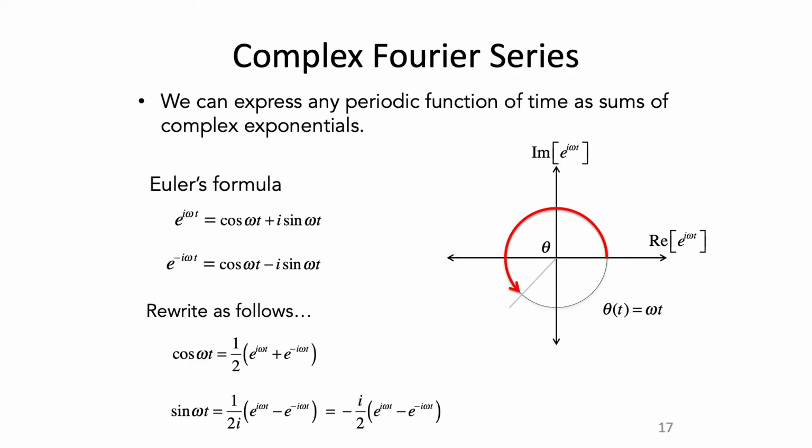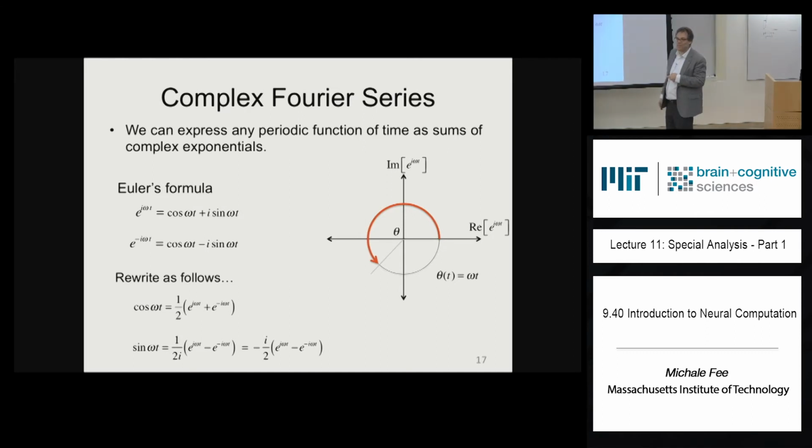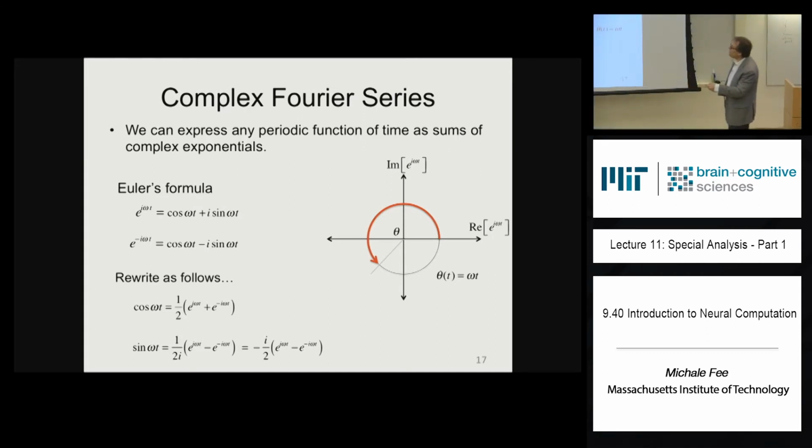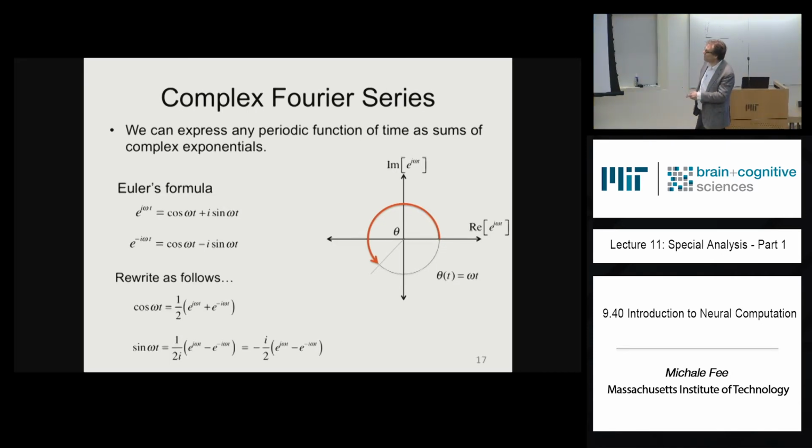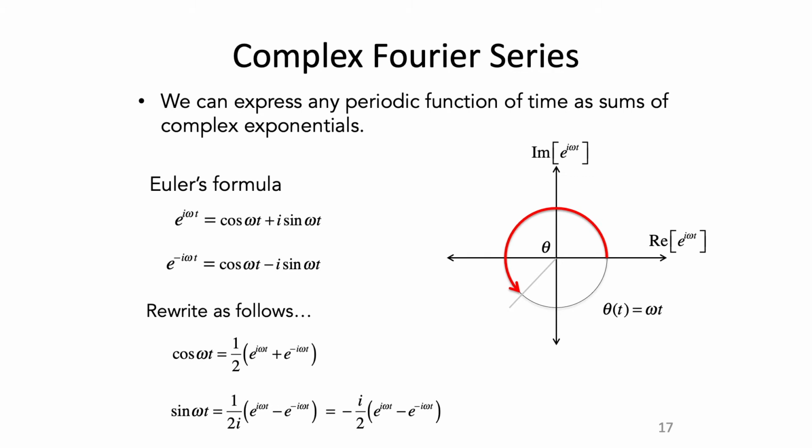So what we're going to do is rewrite our Fourier series as, instead of sines and cosines, we're going to replace the sines and cosines with e to the I omega t and e to the minus I omega t. So we're just going to solve these two functions for cosine and sine, and plug it into our Fourier series and see what we get.